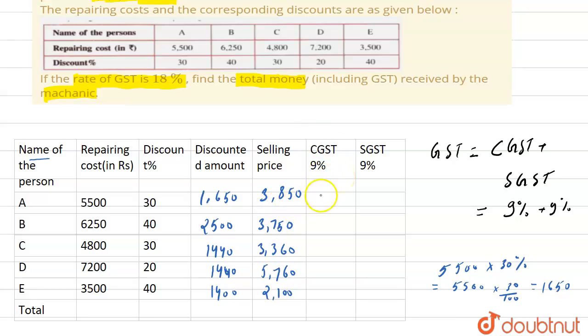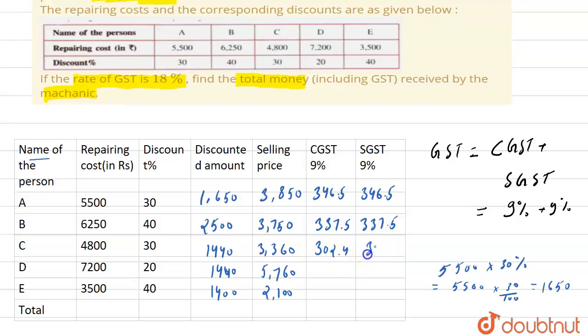So now CGST is the 9% of this amount. So this will be equal to 346.5. Same for this 346.5 because they both have 9% share. Now for this will be 337.5. Same for this 337.5. Now for this it will be 302.4.